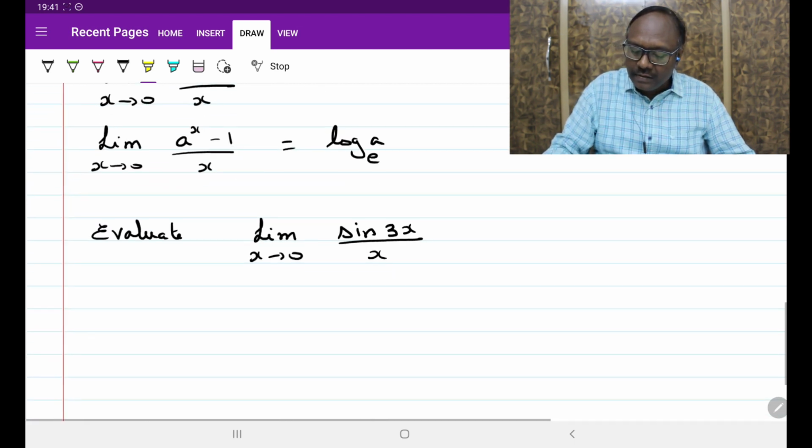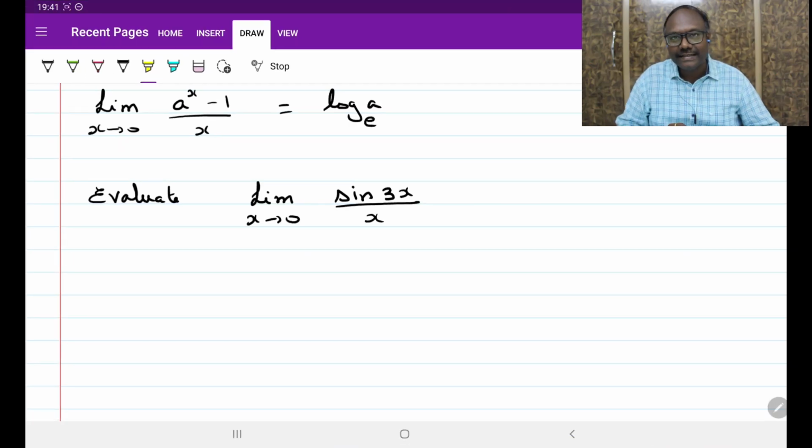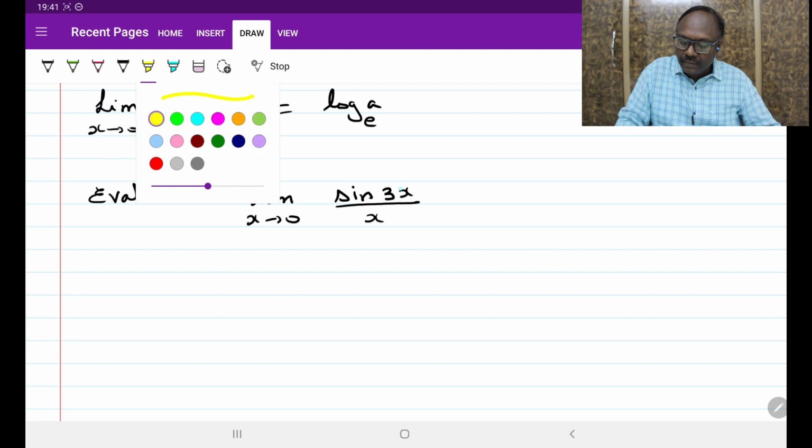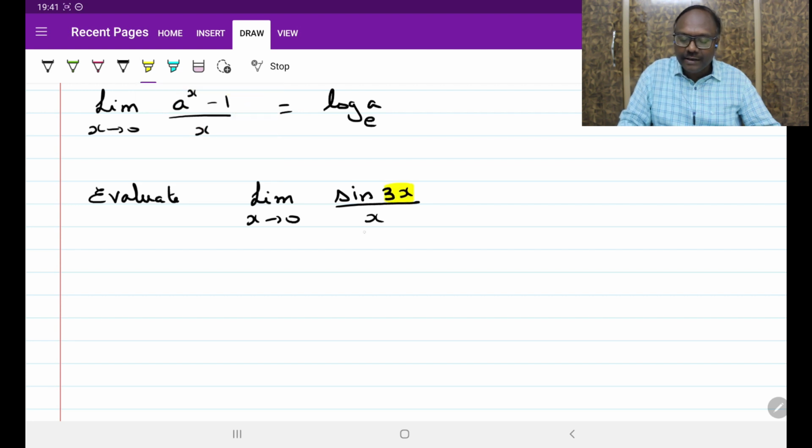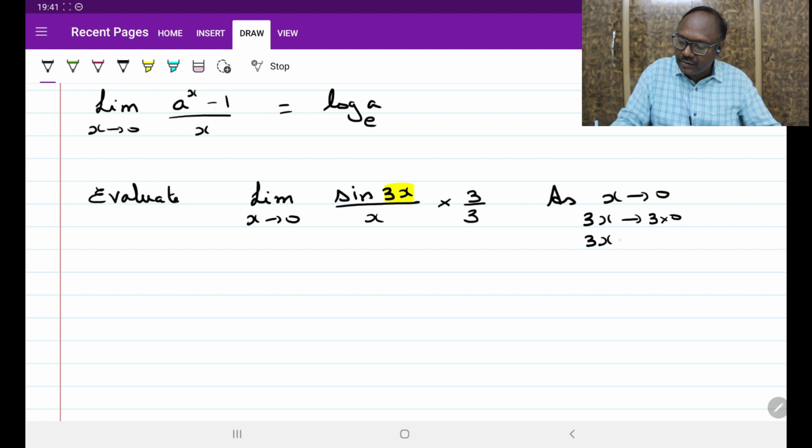So when we are evaluating the limit x tends to 0, we have sin 3x by x. So the angle here is 3x. So what we have to do is, we need in the denominator also 3x, but there is only x. So we multiply and divide with 3. And as x tends to 0, 3 into x also tends to 3 into 0, or 3x tends to 0.